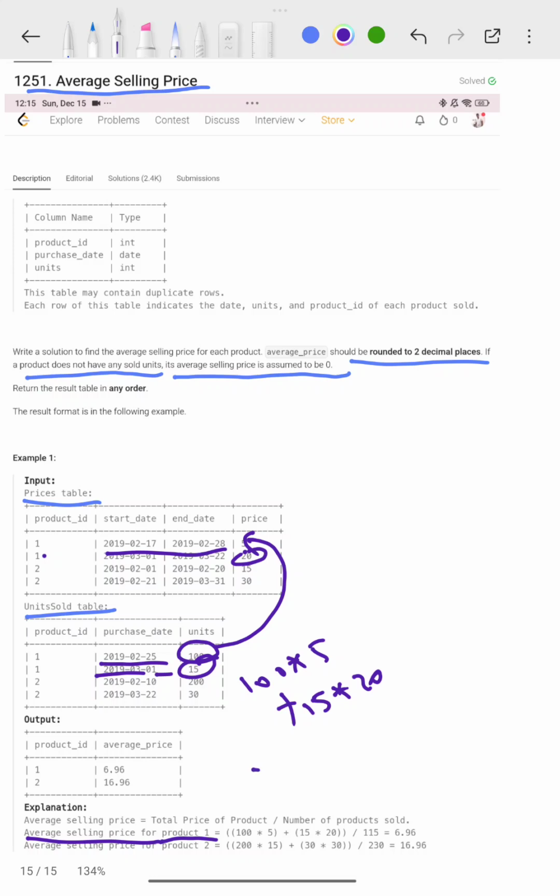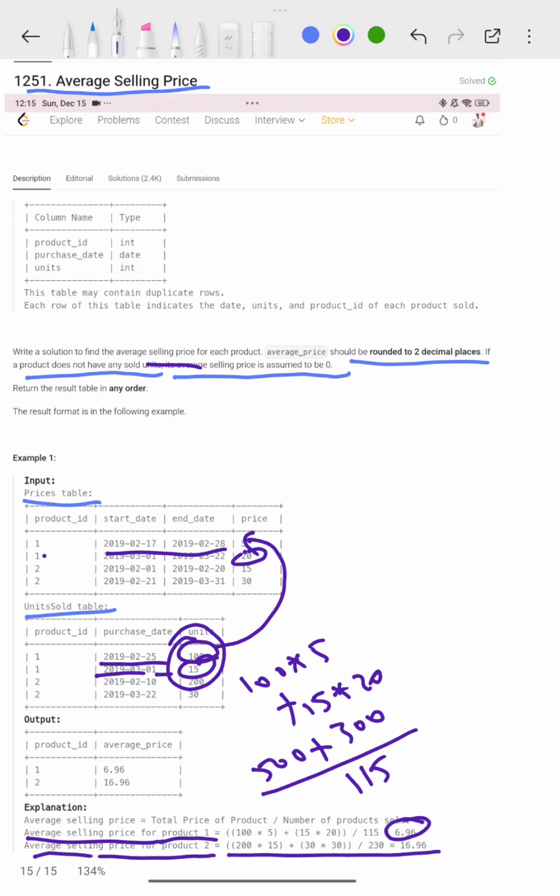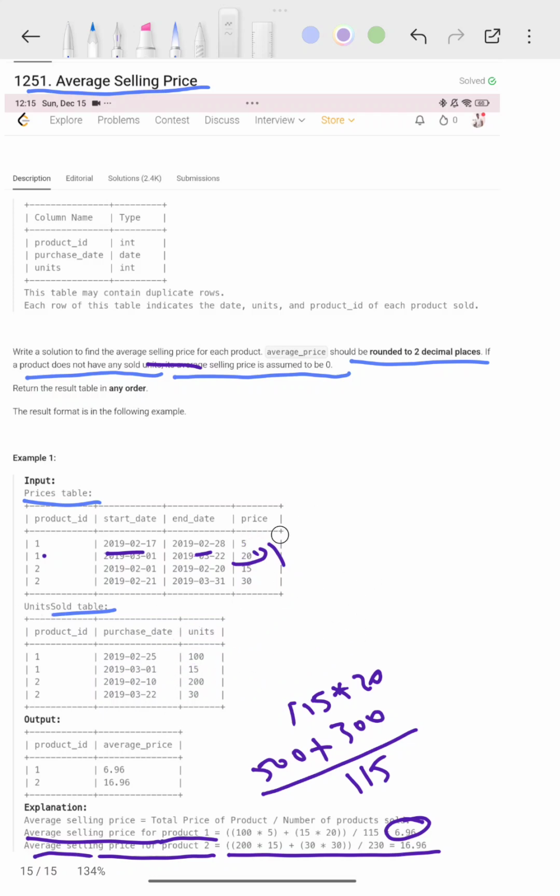That will be 500 plus 300. We want the average selling price, so we divide by the total sum of units, which is 100 plus 15, which is 115. So it will be 6.96. The same calculation is done for product 2 also. This is the logic. Now, how will you write the SQL query for this?